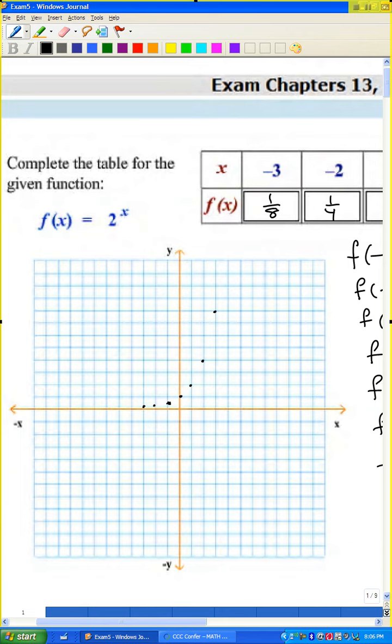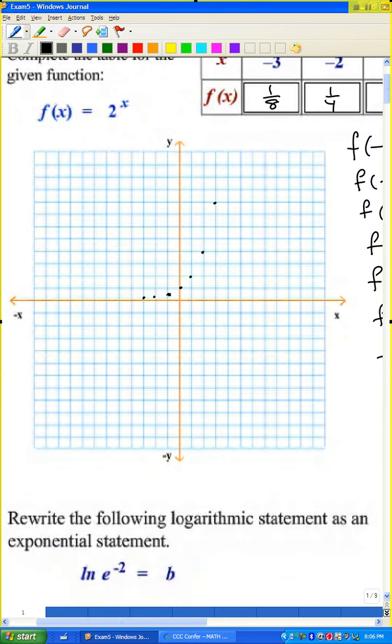Okay, so it should look something like, so we get close to, close enough.